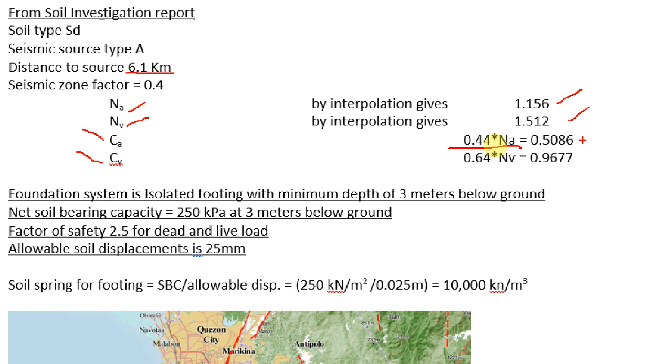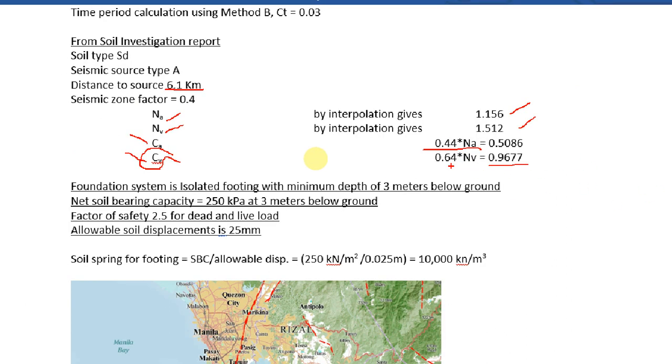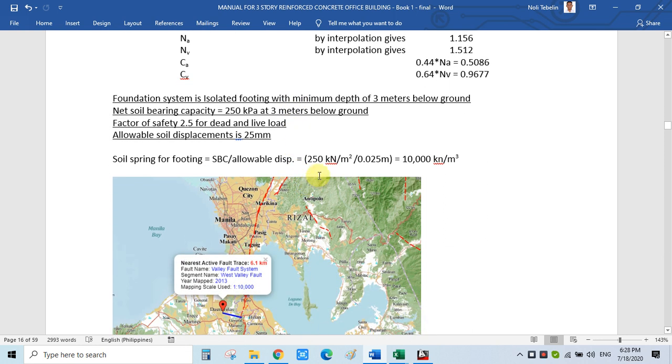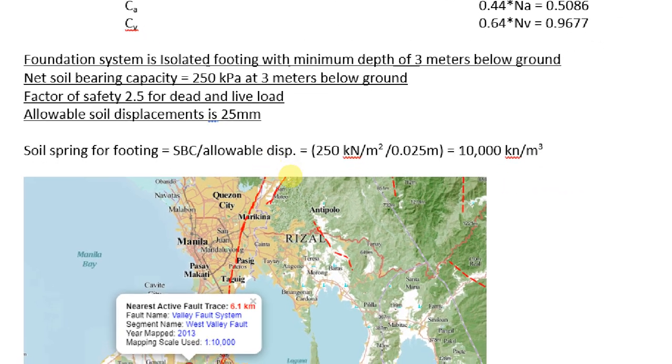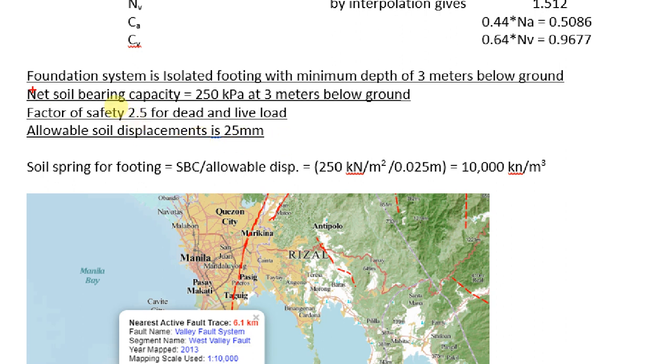Then again, from soil investigation, the geotechnical engineer will give you the foundation solution, that is the foundation system. So for example, they gave us isolated footing with minimum depth of 3 meters below the ground.